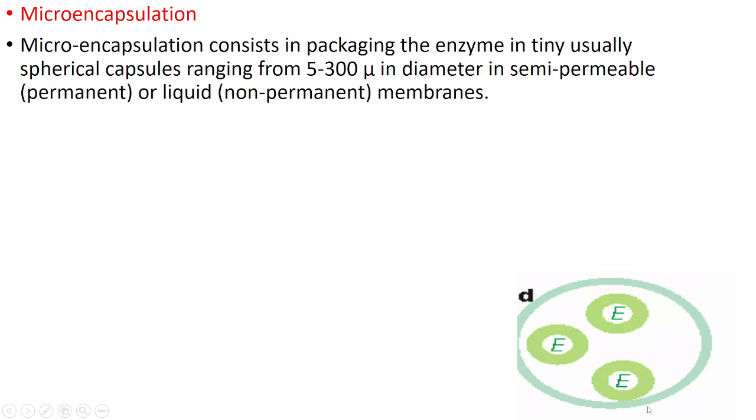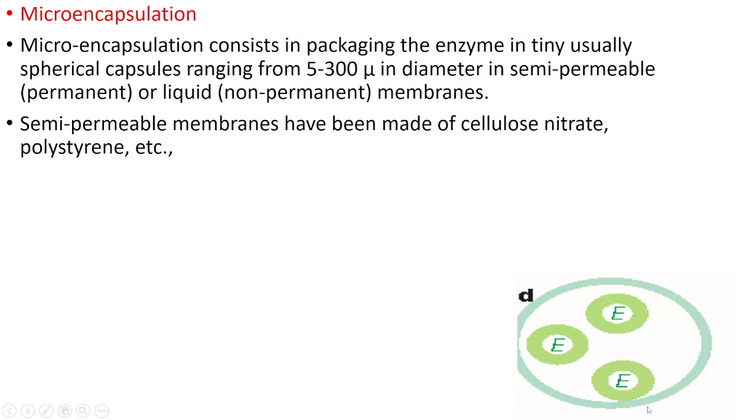The encapsulation structure can be a permanent or a non-permanent liquid structure. But these are usually semi-permeable such that they allow the entry and exit of substrate and product. They can be made up of cellulose nitrate, polystyrene, etc.